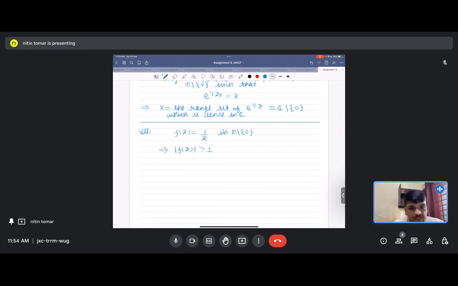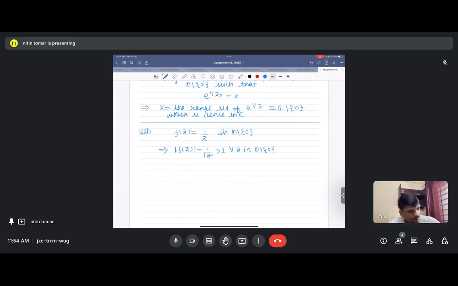Because for all z in d minus 0, mod z is less than 1, okay, let me write step by step. It is 1 by mod z, and because mod z is less than 1, 1 upon mod z will be strictly greater than 1, right? Yes or no?